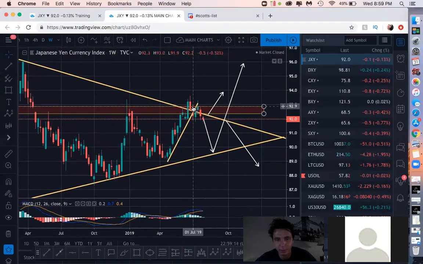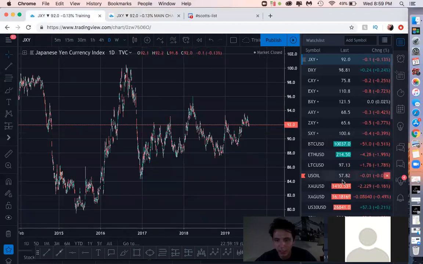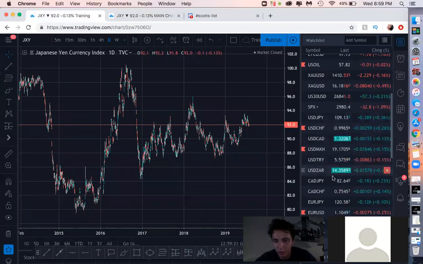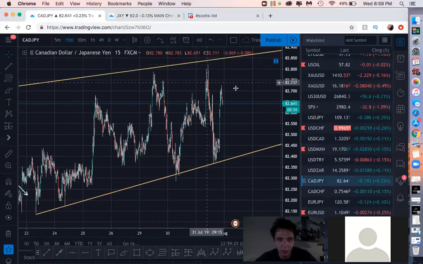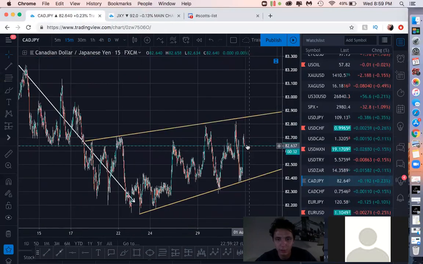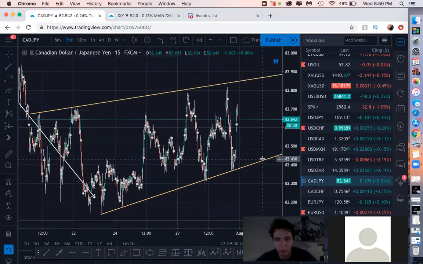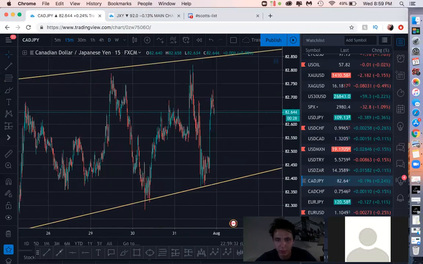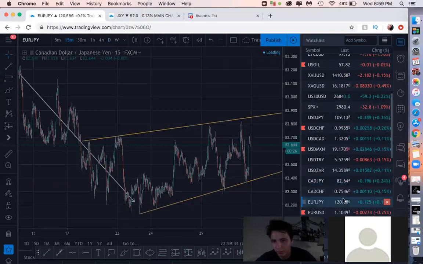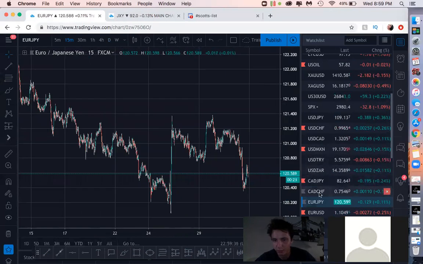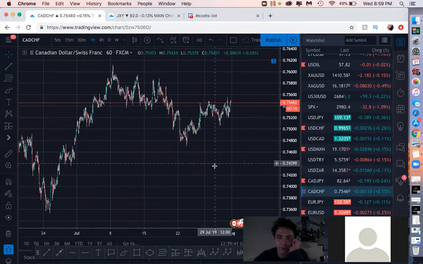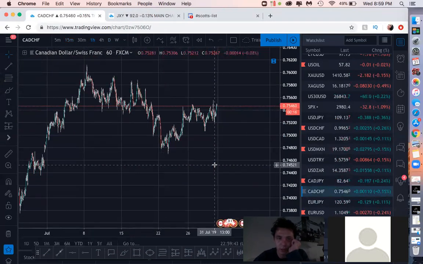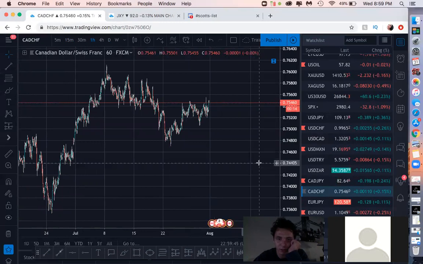So if the Japanese yen goes down as the Canadian dollar goes up, that would make the Canadian dollar yen move viciously up. Or if things go reverse, we could be looking at vicious down movements. But as of right now, we'll just put that on our watch list. Again, not really forcing trades. Same thing happening with the Canadian Swiss franc.